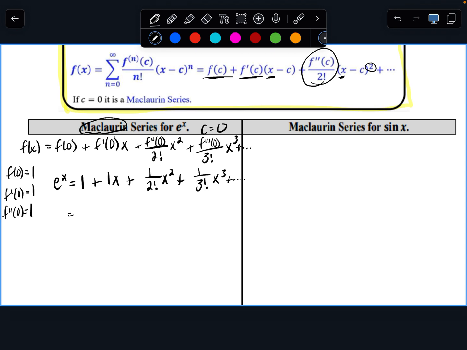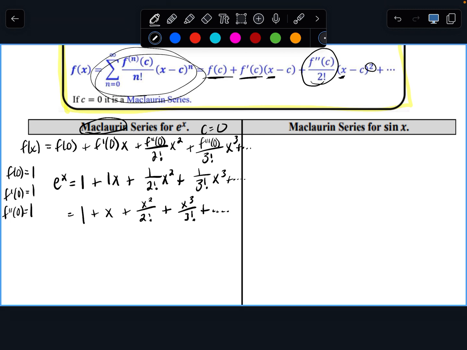If I made it look a little cuter by writing it without the 1s, I'd just write 1 plus x and then x squared over 2 factorial plus x cubed over 3 factorial, and so on. You can come up with a pattern of what's going on with how that's looking, and that's how you come up with this business here.